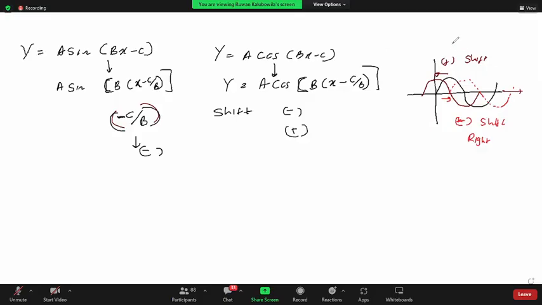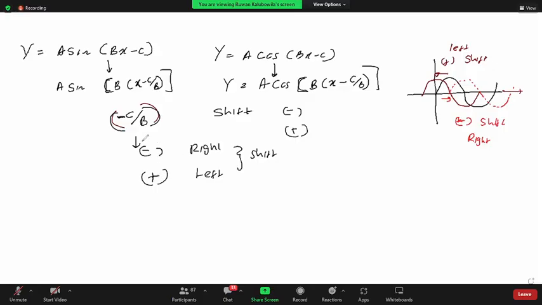This arrow indicates the left shift. If this is negative, it means a right shift. If this is positive, it means a left shift. We have to consider the value of this minus C over B, then we can know if this is a right shift or left shift.